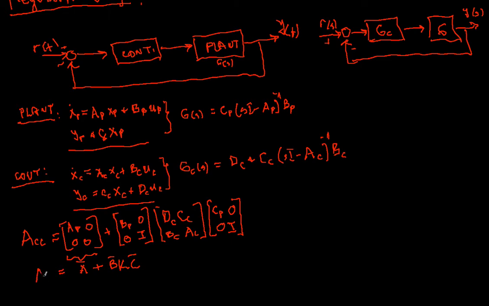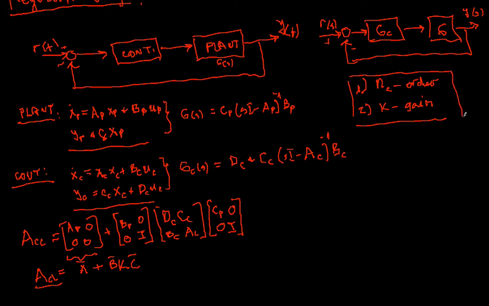ACL, which is ultimately the matrix that describes the internal stability of the closed loop system, has eigenvalues that can be perturbed with this gain K. In other words, the controller has 2 degrees of freedom: the order of the controller, and the second thing is the gain of the controller, or Ac, Bc, Cc, and Dc.